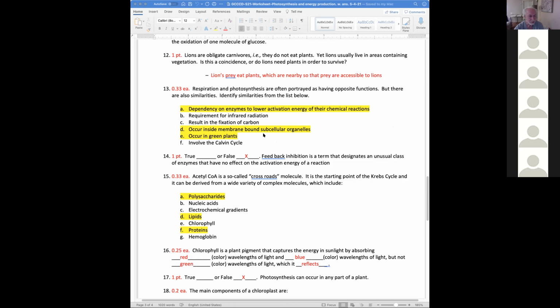They occur inside membrane-bound organelles, and most of you did not get number E. They occur in green plants, and that's an important point, because even though we emphasize that green plants are photosynthetic, they make food, they also consume food. They need food just like all other organisms. So they respire. So photosynthesis and respiration both occur in green plants.